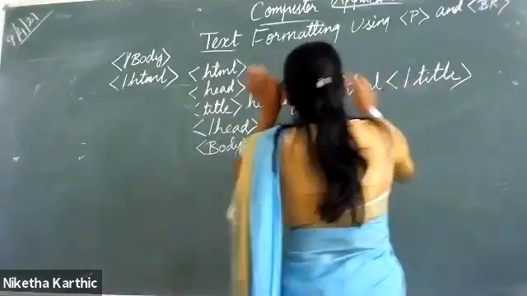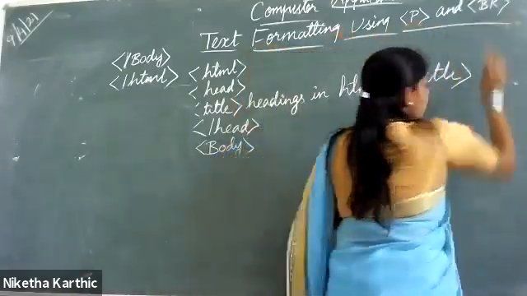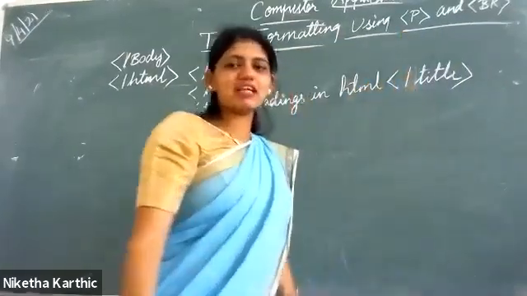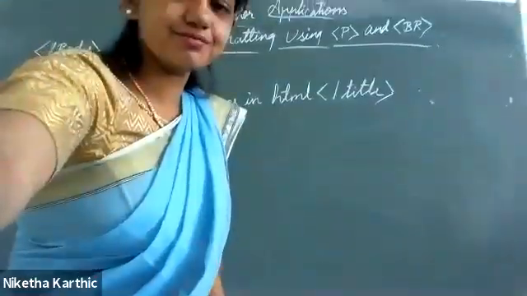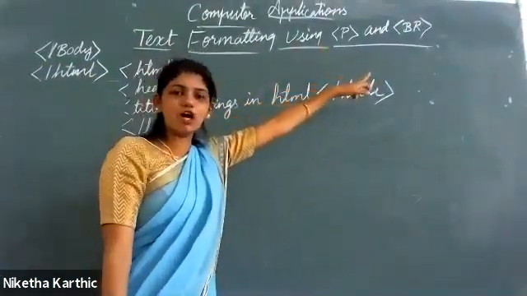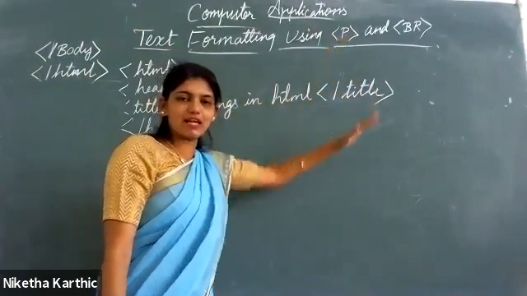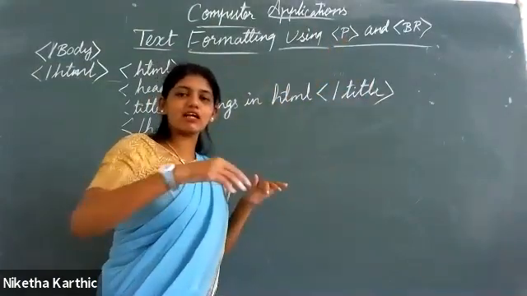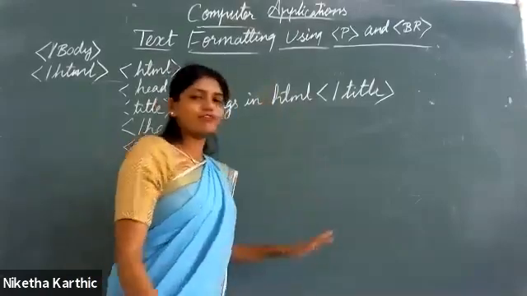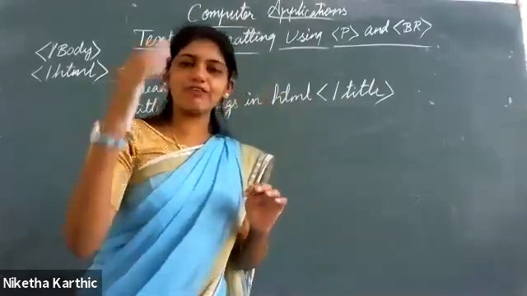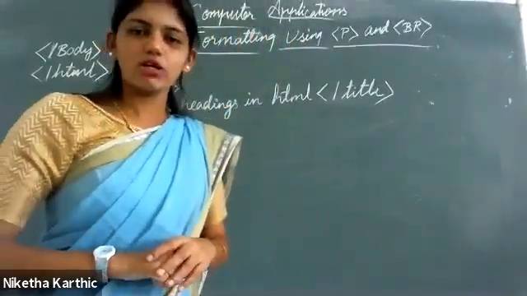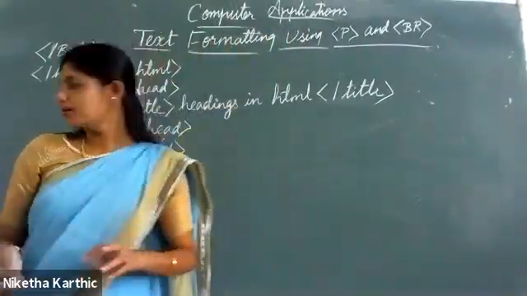P stands for paragraph. BR stands for break the line. If it is in a straight line and you want to break it, we can break it. For both, that is for paragraph and for BR, I'm going to combine them and give you a program.